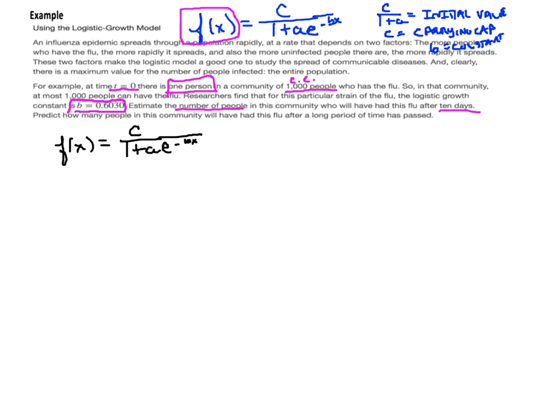So let's use our function over here. So we know that when this began at a t of 0, which in this case is x, so at an x value of 0, we had 1 person infected. So 1 equals, my carrying capacity is 1,000 people. There can't be more than 1,000 people affected in this community because that's how many people are in the community. 1 plus a times e to the negative b times 0.